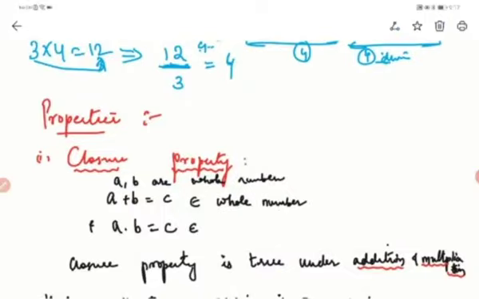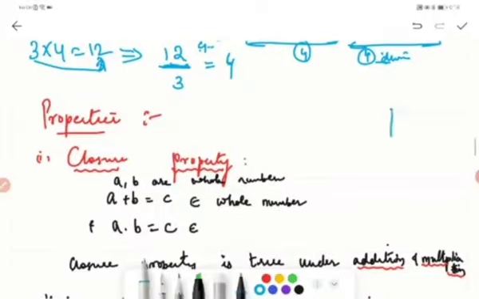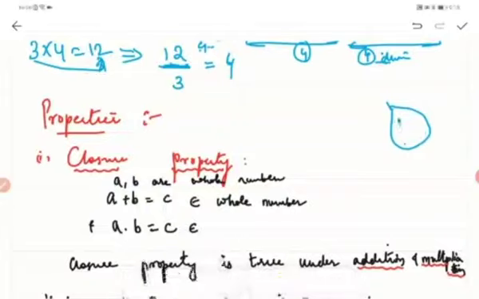See, closure property means what? You have a set of numbers, that is whole numbers, which start from 0, 1, 2, 3, 4 until infinity, isn't it? If I take two numbers as 2 and 5, it is a whole number.